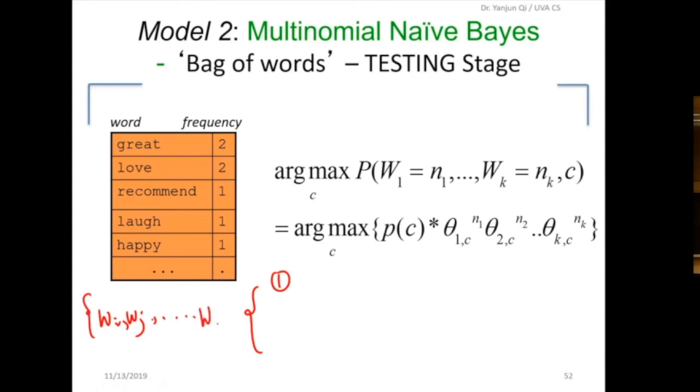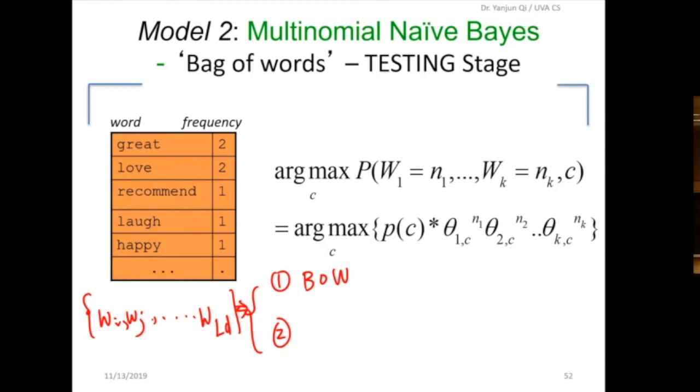Say the document has length L. How do you represent this testing calculation? There are two ways. The first way is you convert it into a bag of words. The second way is, don't even bother. For each class C, I take P(C). When I meet the first word, I calculate that first word's probability, and then I move to the second word and just multiply by that second word's probability.